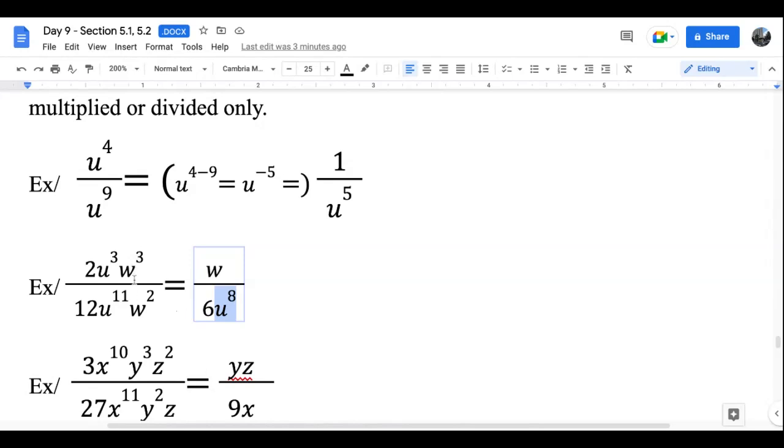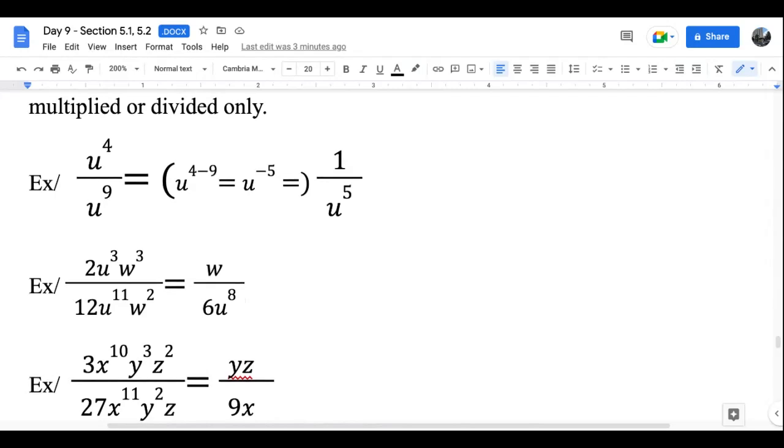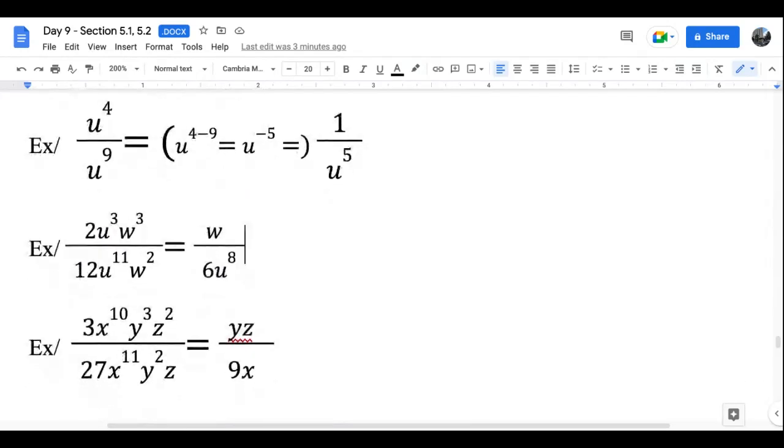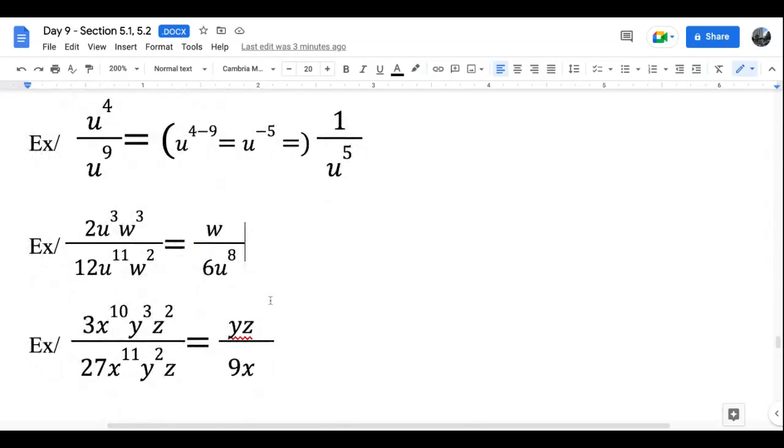Then w cubed divided by w squared is w. All right, be very careful with this. You see the u term, u to the 3rd, u to the 11th, right? Because 11 is bigger than 3, you could think that's 11 minus 3, which is 8. But it stays in the denominator.